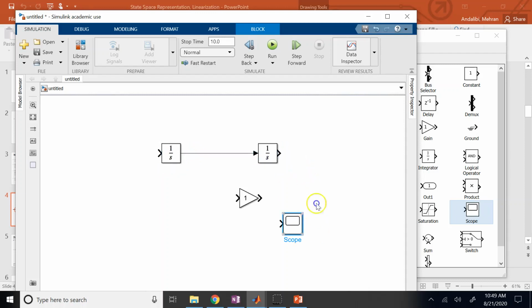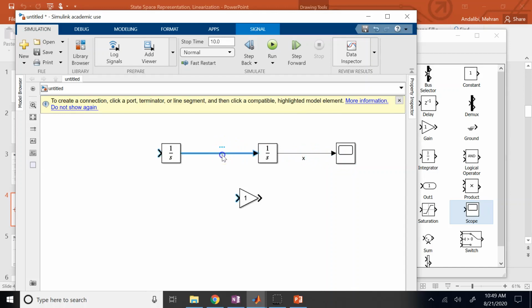So this is x, this is x dot, and this signal here is x double dot, and x double dot is negative k over m x.